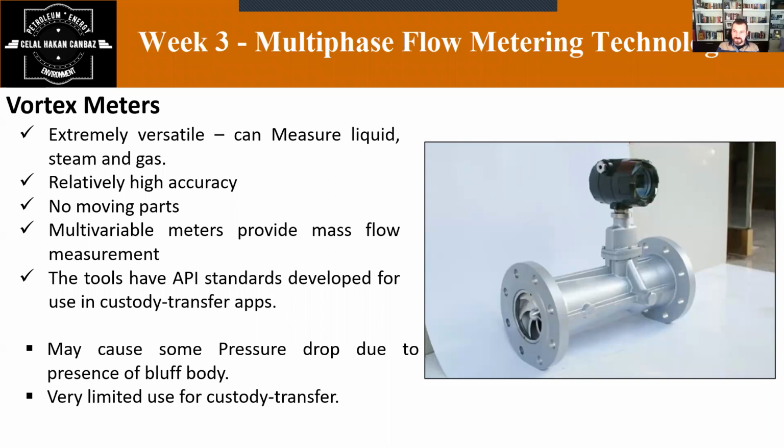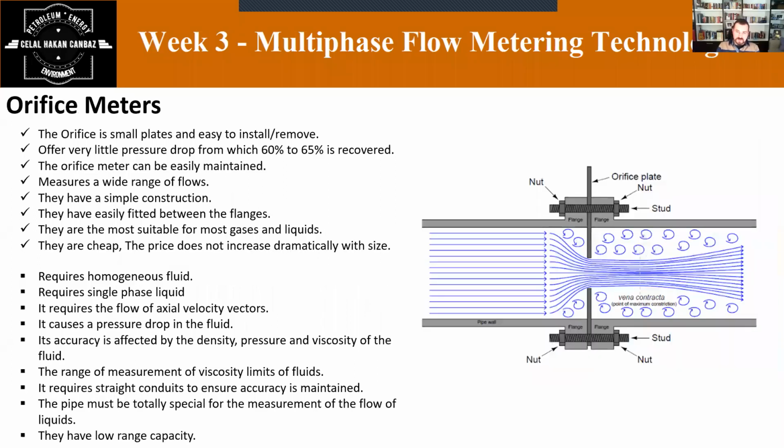Okay. The orifice meters, these instruments are one of the well-known ones, actually, and they are cheap ones. Because they are cheap, companies, especially mid-range companies, prefer this too much. So this is an instrument that records the flow rate of gas, especially.